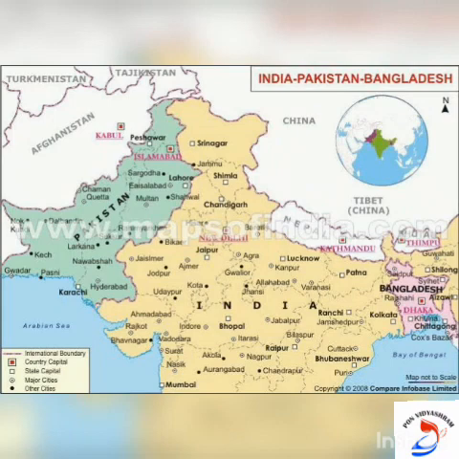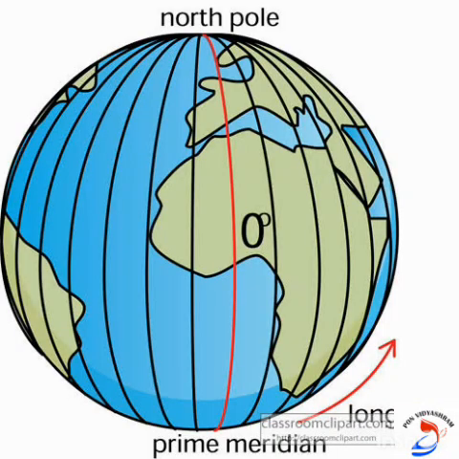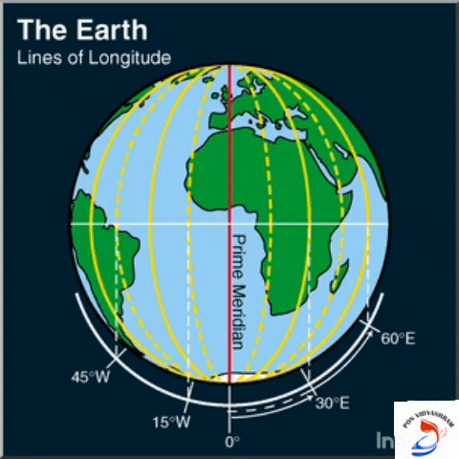Now, in order to locate them precisely, we must find out how far east or west these places are from a given line of reference running from the North Pole to the South Pole. These lines of reference are called the Meridians of Longitude, and the distances between them are measured in degrees of longitude.